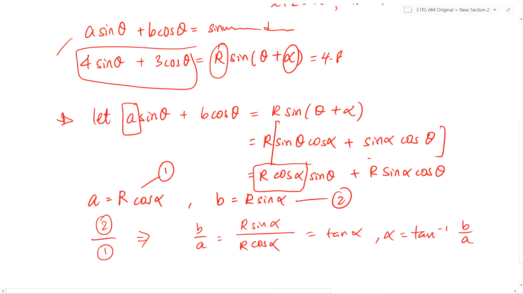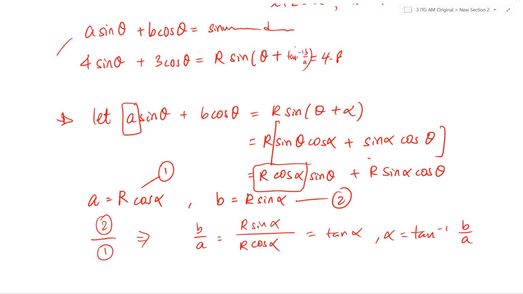So based on this question, where b is 3 and a is 4, my alpha is no longer an unknown. It is now a very particular value, tangent inverse 3 over 4.